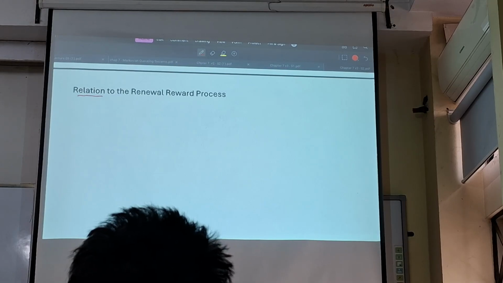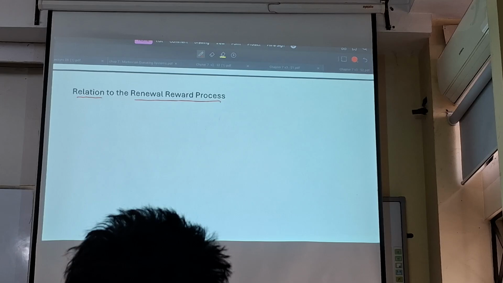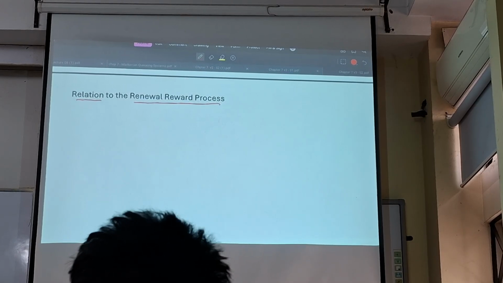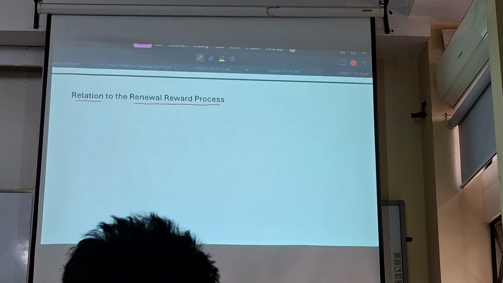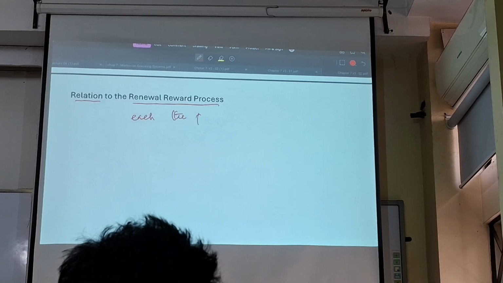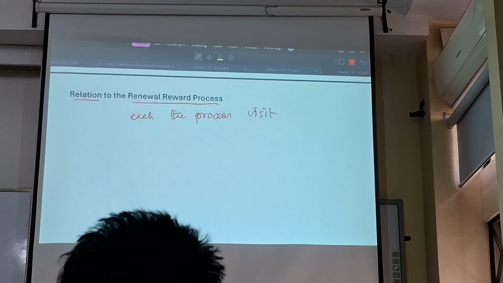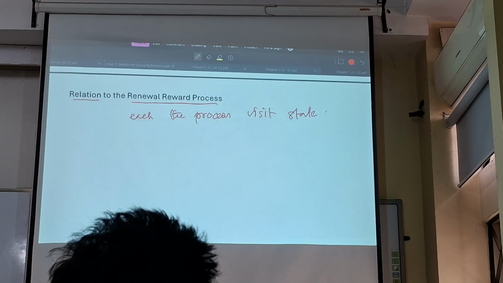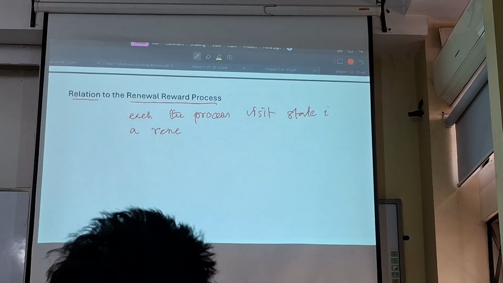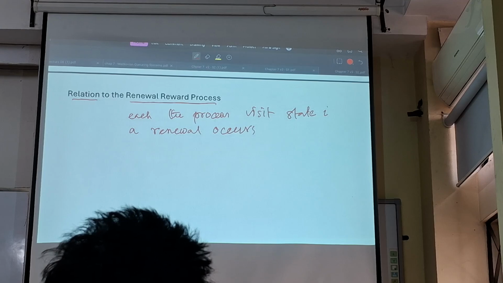This semi-Markov process has a relation to the renewal reward process. What is that? Let's say every time the process visits state I, a renewal occurs. Right?